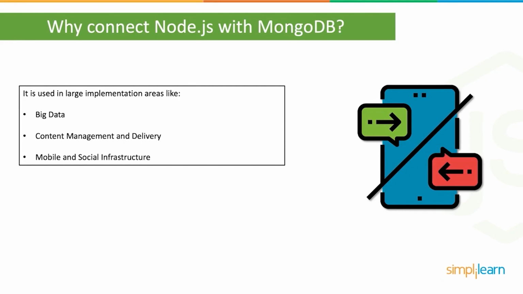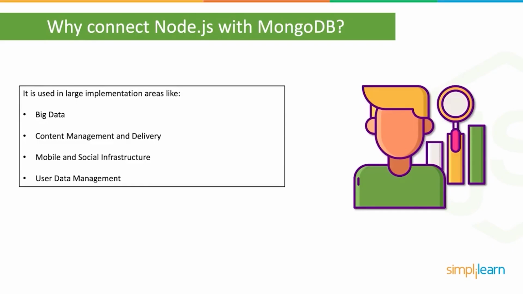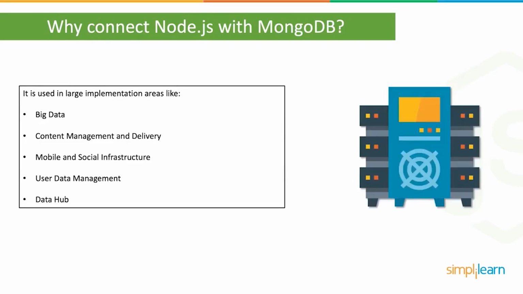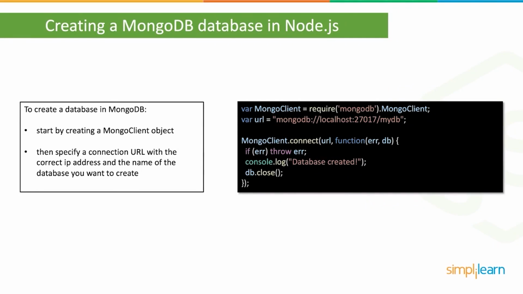It has an effective mobile and social infrastructure, which allows you to build out solutions that can go to all modern day types of applications. The data is very easy to manage through your central data hub. And finally, connecting to MongoDB is very easy, particularly as there is a client called Mongoose that makes the connection extremely easy.